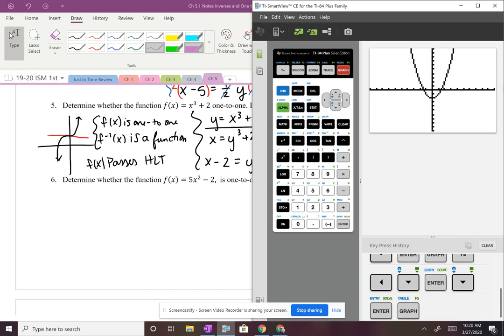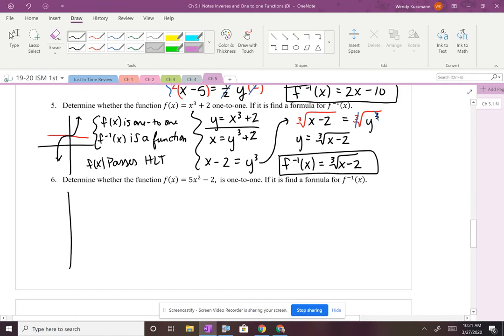There's our parabola. Now remember, to decide whether this function is 1 to 1, you do a horizontal line test. So, horizontal line test, I have a parabola that looks like this. Anywhere that you draw a horizontal line, it's not going to pass.